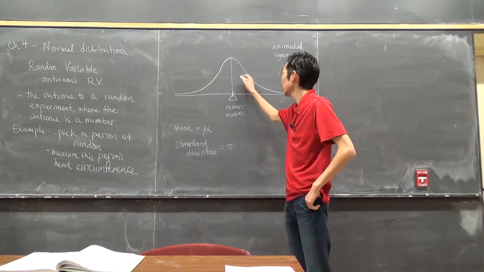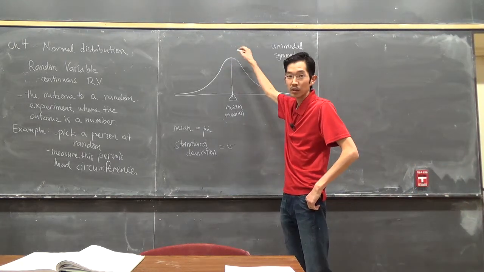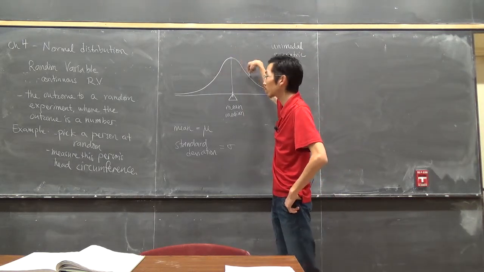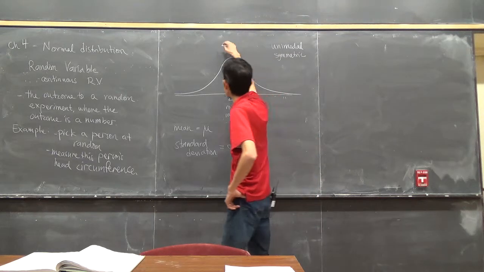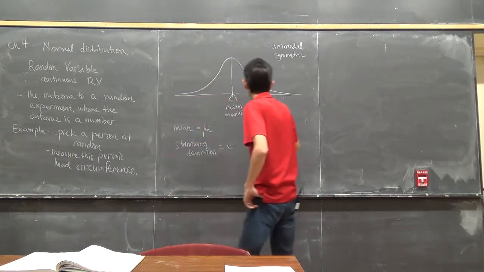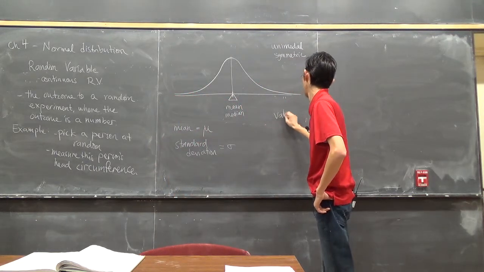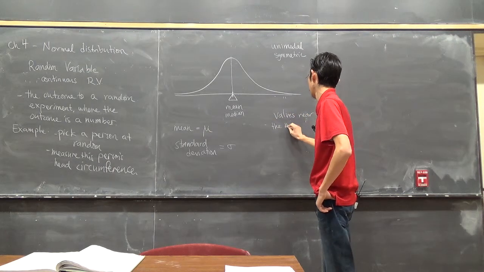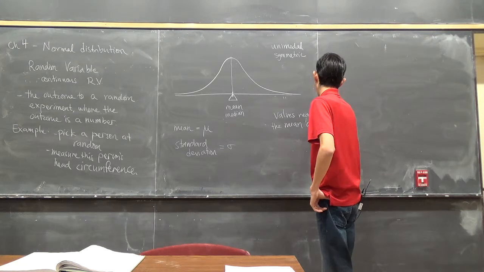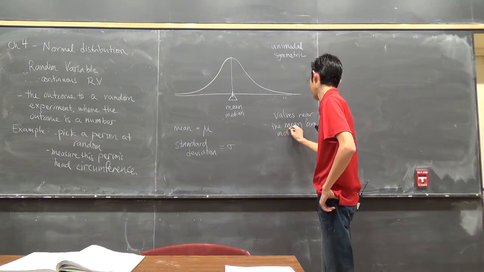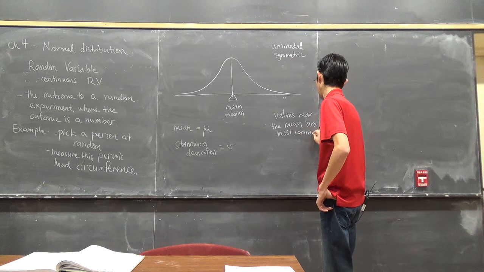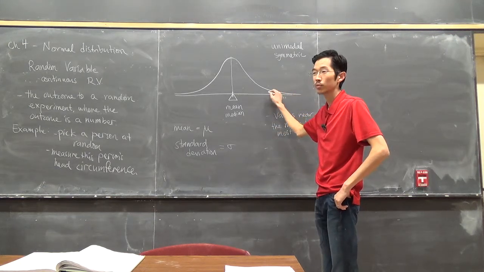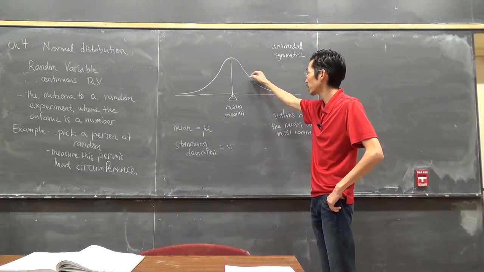To be unimodal and symmetric, what this means is that values near the mean are most common, okay? Because we have a peak right here, the values around the mean are most common. And as we go further away from the mean, those values become less and less common.